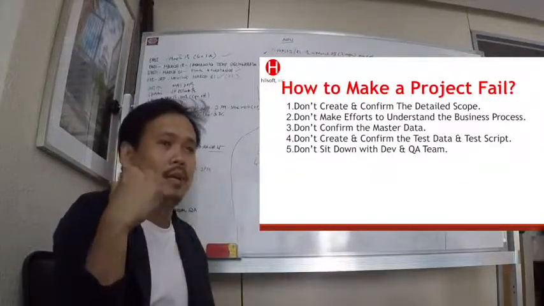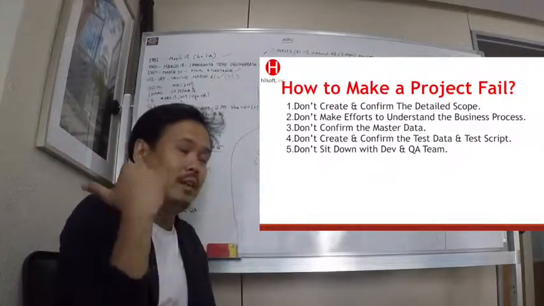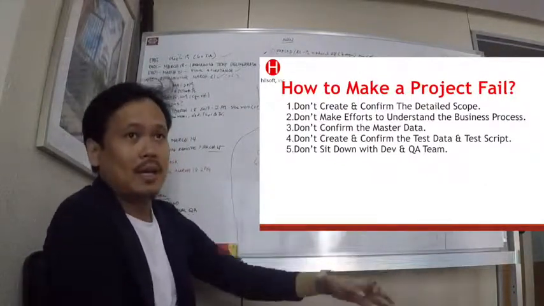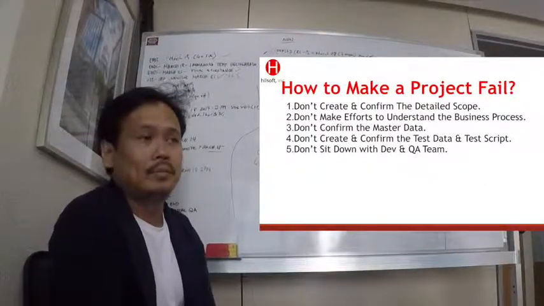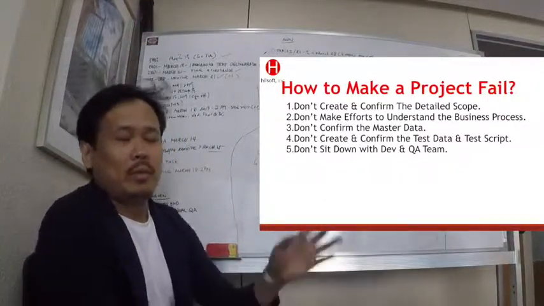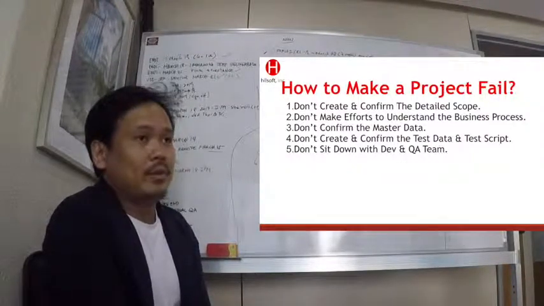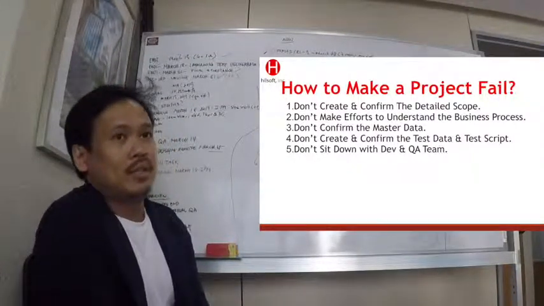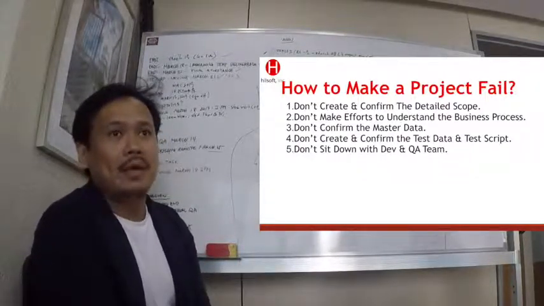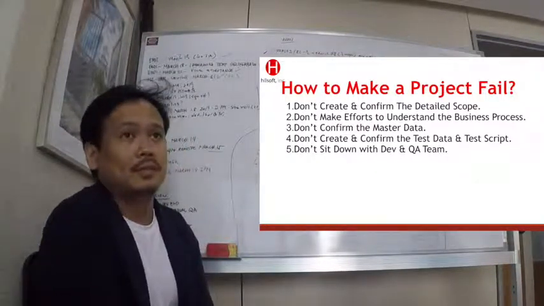Similar to what me and Janjo are doing. Before he even did the estimate, we sat down together with Ria to discuss it. Before we even finalized the risk, we sat down. Before the actual demonstration to the client, we also sat down and made sure there's no problem during the demonstration.